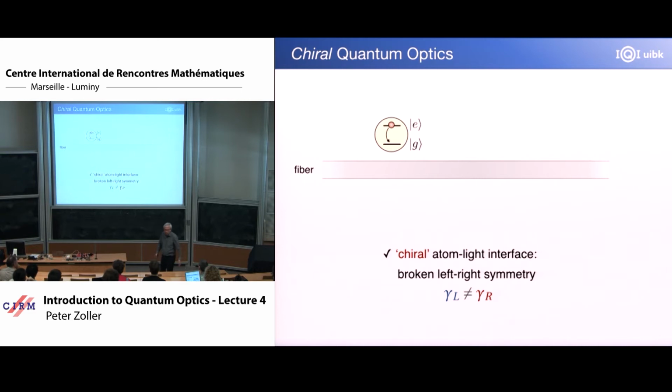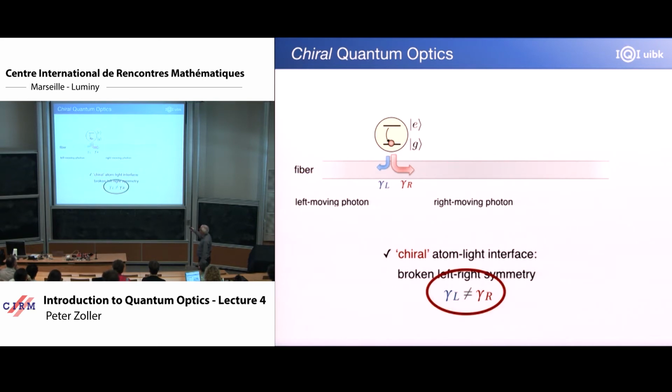It's exactly the model that we had before, so you can apply it over here. But it's special in the sense that when this thing goes down, normally you have a photon component left and right, and this will be normally equal, in most situations. But we are now interested in the one where in the photon emission you couple differently between left and right. There's an emission rate gamma that goes to the left and a certain one to the right, and they are different. And chiral means this broken symmetry left and right.